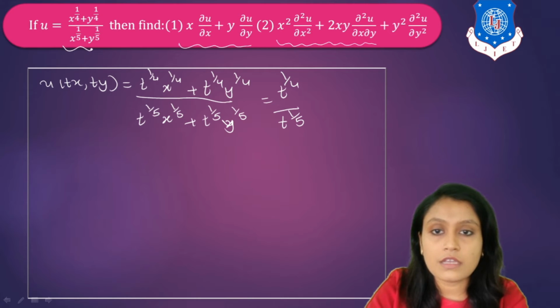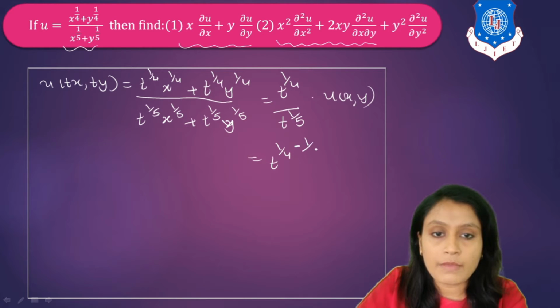Okay, so this is the function u, so we can write here u(x, y). Now we have to simplify this, so bring this t here. So you will get t^(1/4 − 1/5). Simplify, cross multiply: 5 minus 4, that is 1 upon 20.